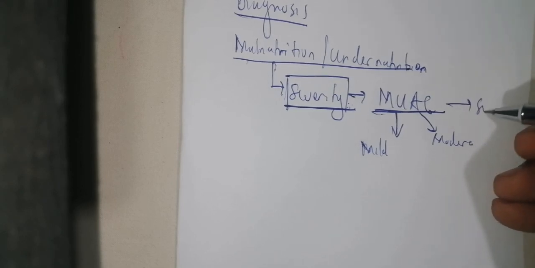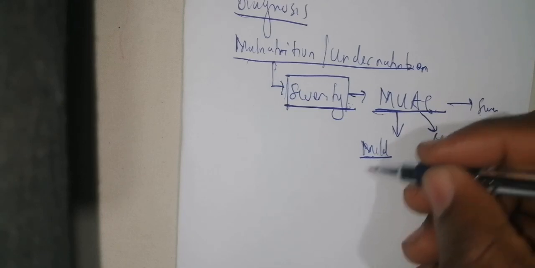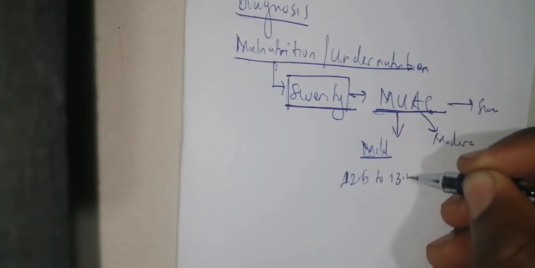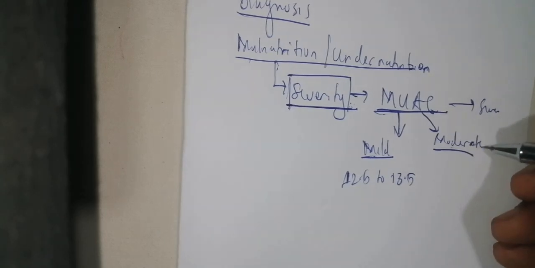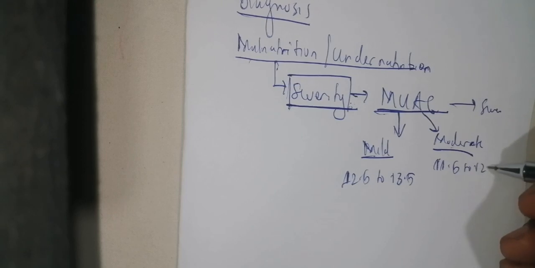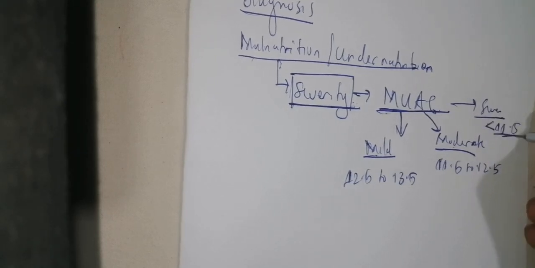Is it clear? In the case of mild malnutrition, you are going to have a mid-upper arm circumference between 12.5 to 13.5. In moderate, you are going to have between 11.5 to 12.5. And in the case of severe malnutrition, it is going to be less than 11.5 centimeters.